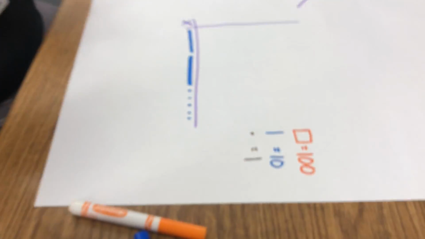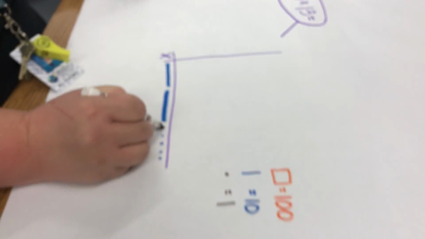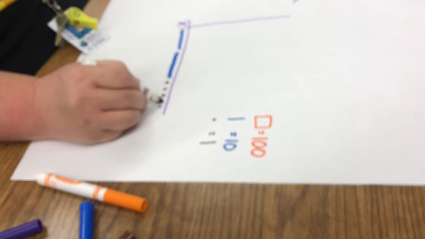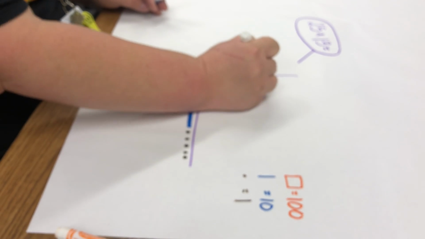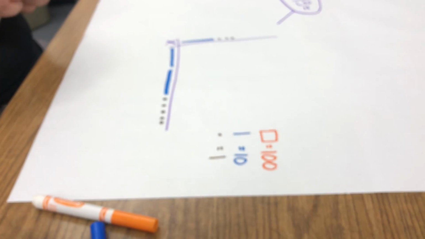And 13, whoops, Mrs. Boynton made a mistake. I got to make these brown. All right, and then 13 will be represented as a 10, 11, 12, 13.